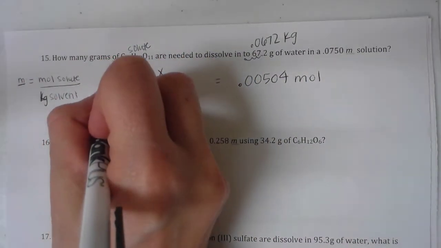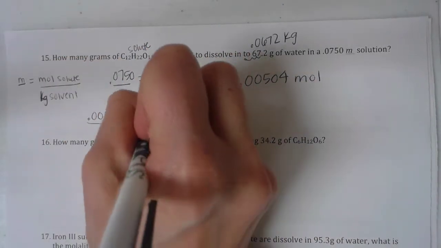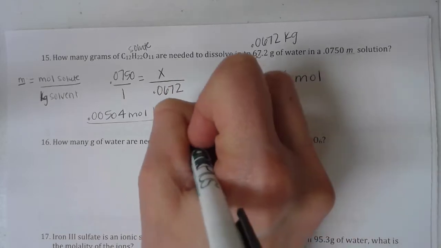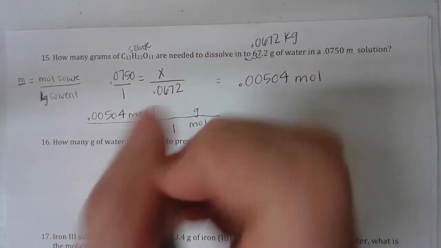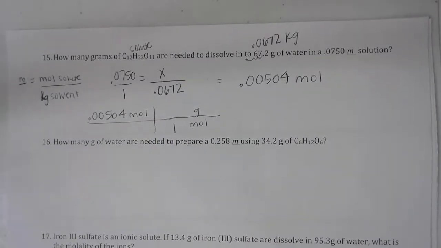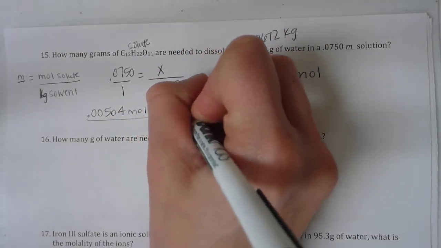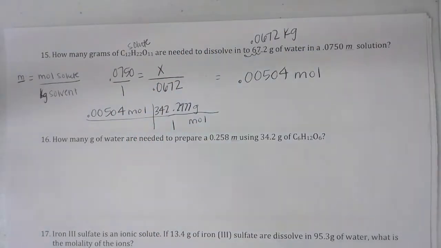And I can easily change moles into grams. So 0.00504 moles, I'm going to change that into grams and get rid of moles. So how many grams are in 1 mole of my solute? C12H22O11 is going to be 342.2977.